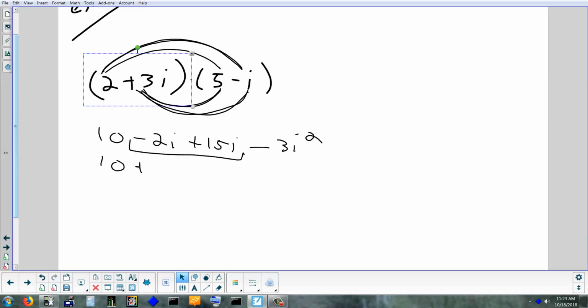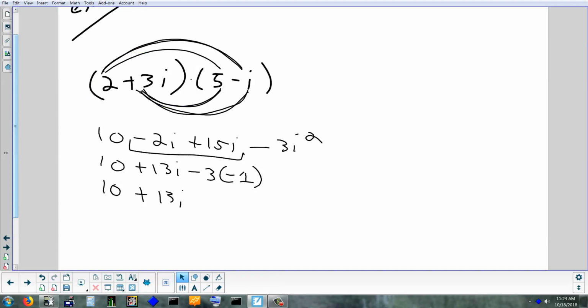That's 13i. And now this part at the end, we have minus 3i squared, but i squared is what number? We've got to remember to change that to a negative 1. Now we've got 10 plus 13i. Right, it's minus a minus.